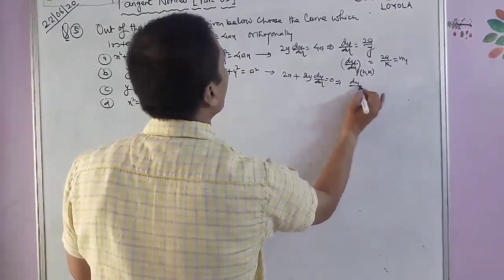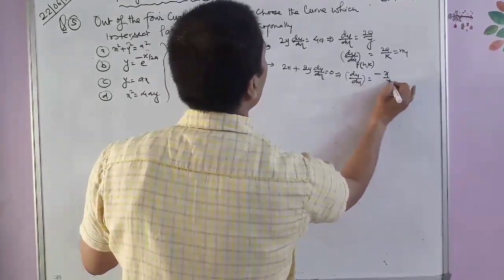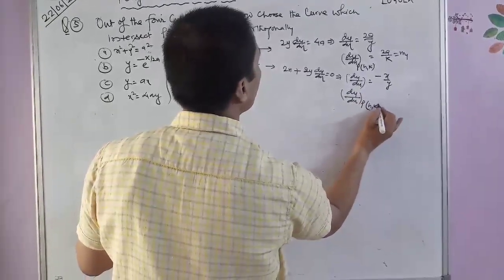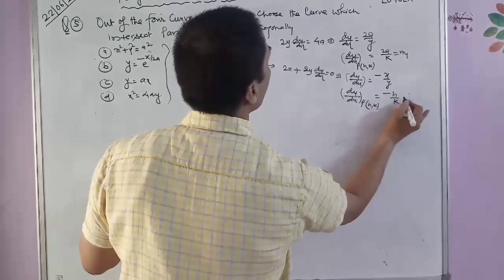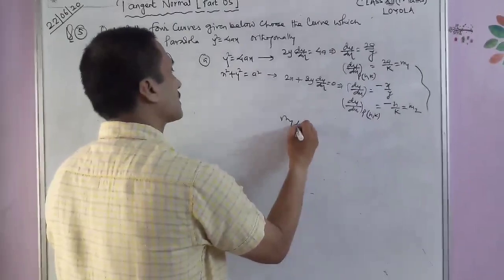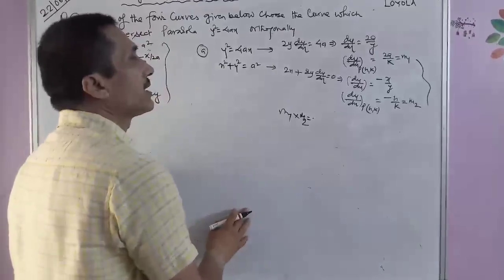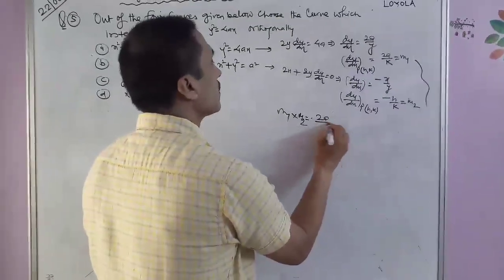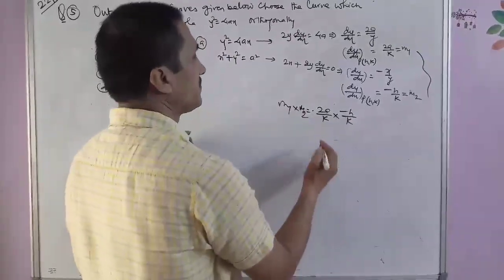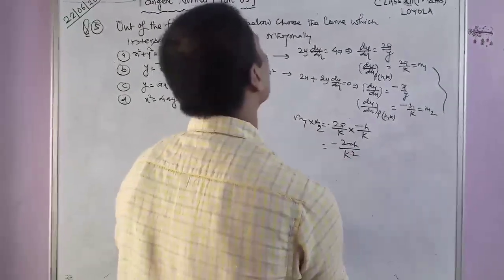This will give dy by dx equal to minus x upon y. So dy by dx at P hk equal to minus h by k, say it M2. For orthogonal intersection M1 and M2, product of these two must be minus 1. So 2a by k into minus h upon k, minus 2ah upon k square.